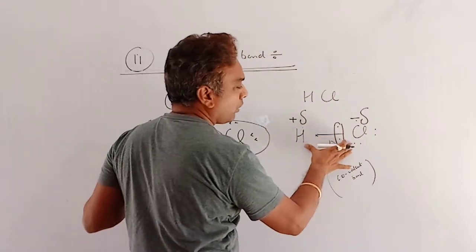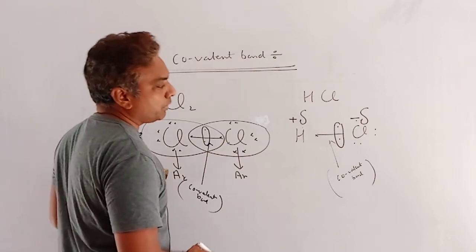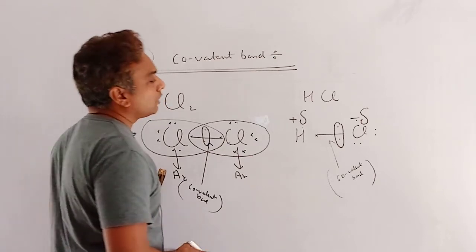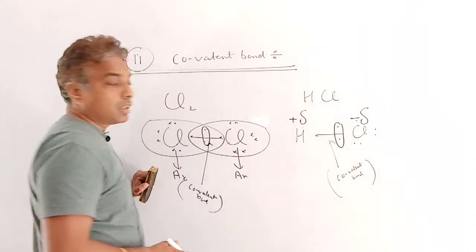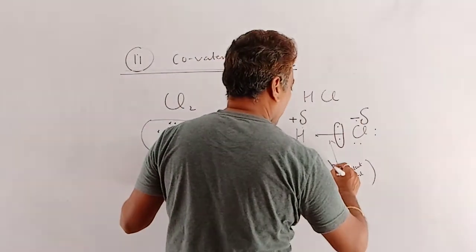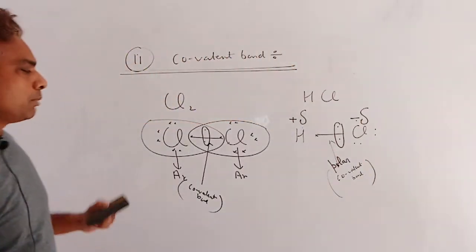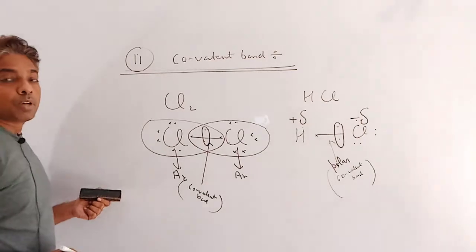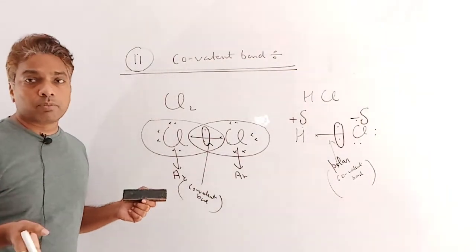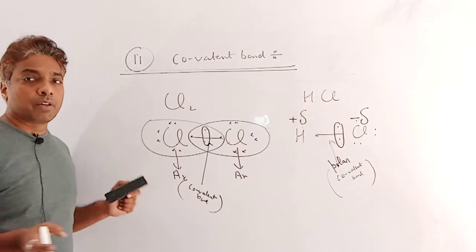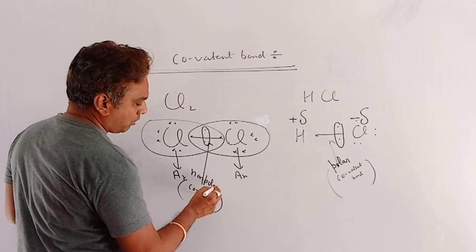Such type of covalent bond in which partial charge is developed due to the difference of electronegativity between the shared atoms is known as polar covalent bond. Here is polar covalent bond. But in case of chlorine, due to absence of charges, since both chlorines are the same atom which have the same electronegativity, it is known as non-polar covalent bond.